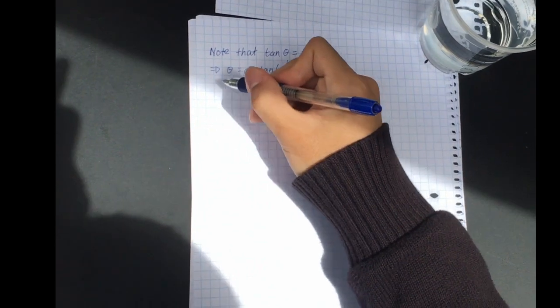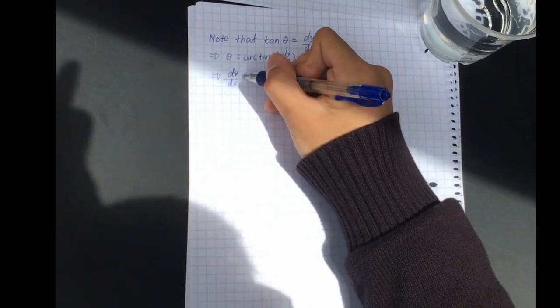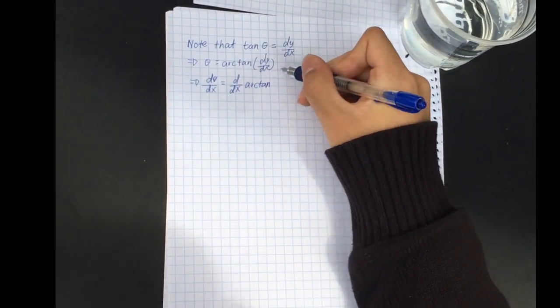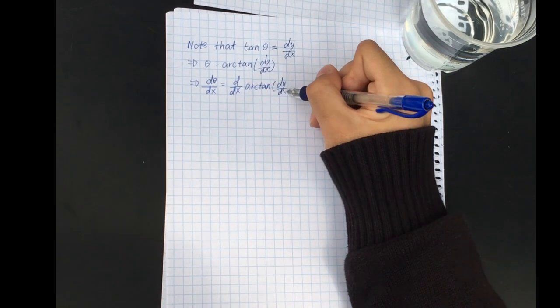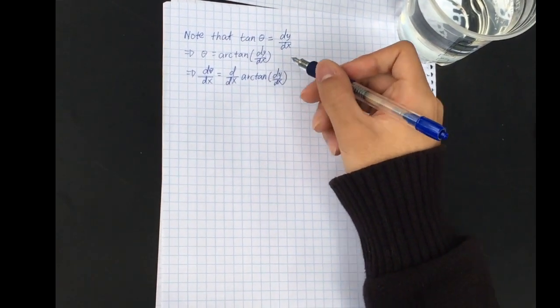Now we know that d theta over dx is equal to d over dx of arctangent dy over dx. And now let's differentiate this.